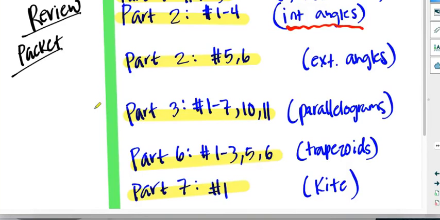Okay. The last problem we want to do is a kite. Let's see. Make sure I get something different.